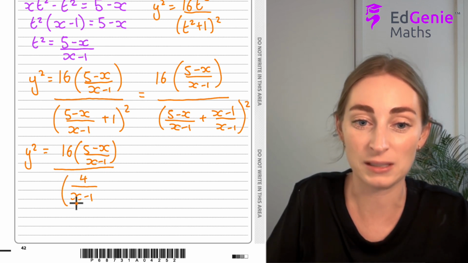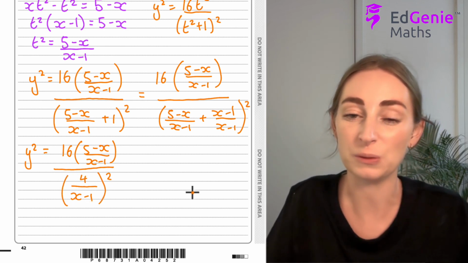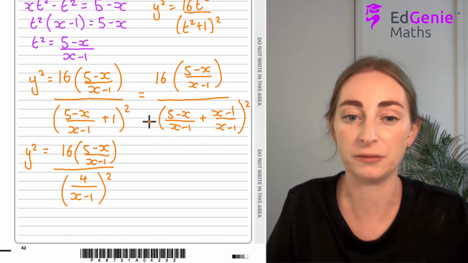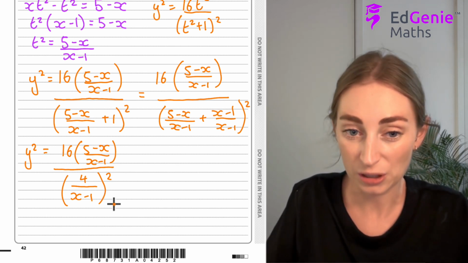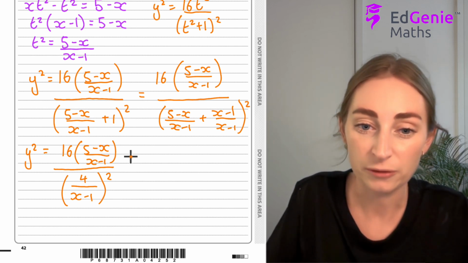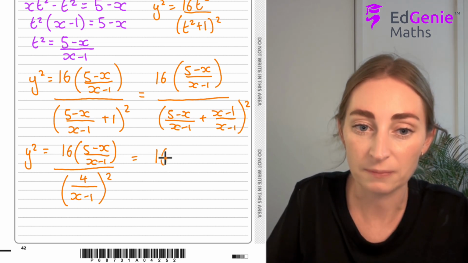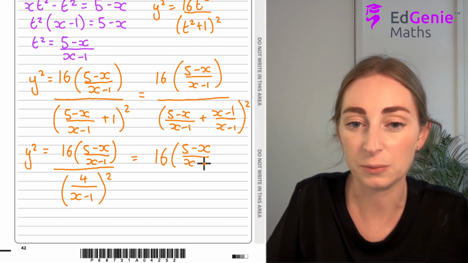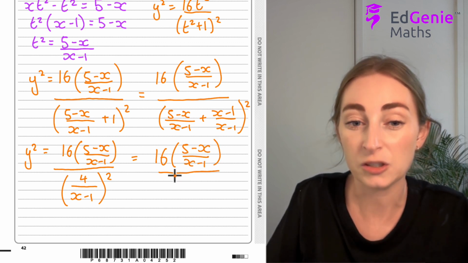I was getting ahead of myself there. And that's going to be all squared. Okay, because the x is cancelled out. 5 minus 1, 4. Then what I'm going to do is, actually, before I do that, let me write this out again for you. 5 minus x over x minus 1. I'm going to square this.